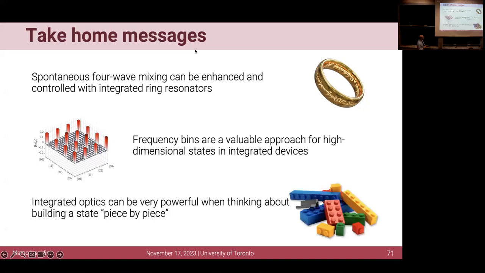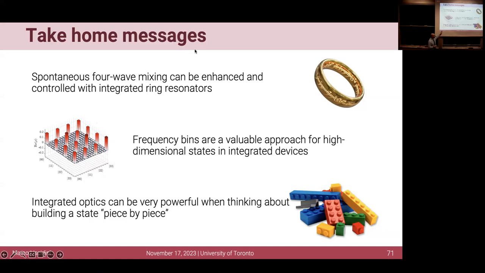And finally, we saw that this is very interesting by exploiting this sandwich source approach or Lego approach, which is really one of the nice features of integrated optics, because I can really put together an insane amount of different elements that coherently work with each other.